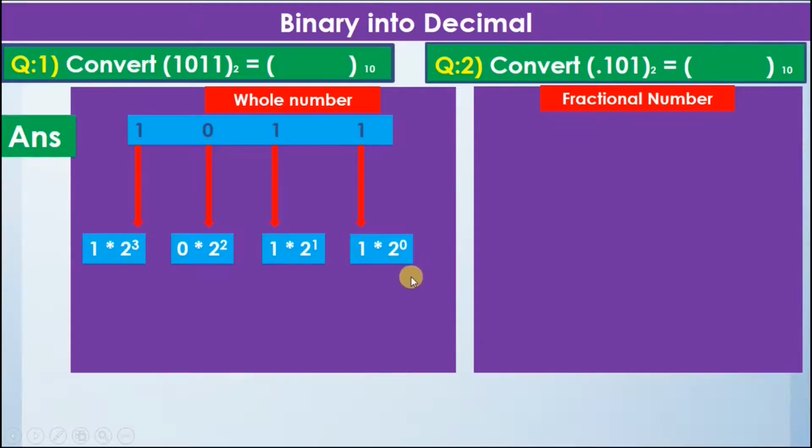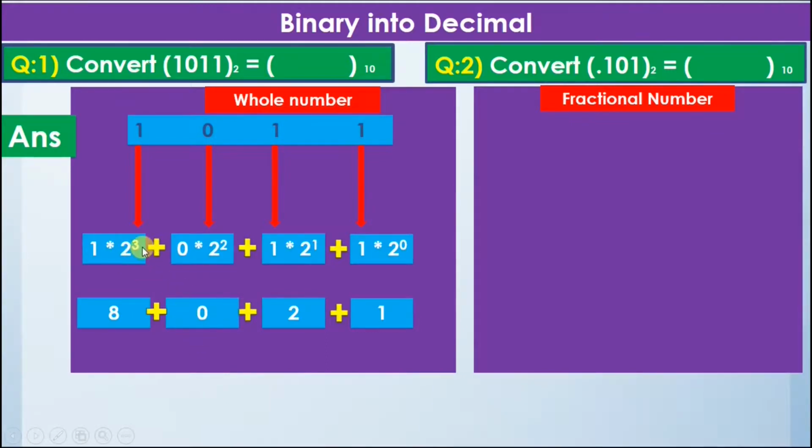Once we have multiplied them, we will add them all together. We know that 2 raised to power 0 into 1 is equal to 1, 2 raised to power 1 is equal to 2, and 2 into 1 is equal to 2. Next we have 2 raised to power 2 is equal to 4, and 4 into 0 is equal to 0.